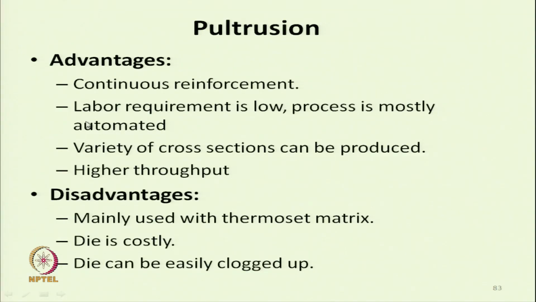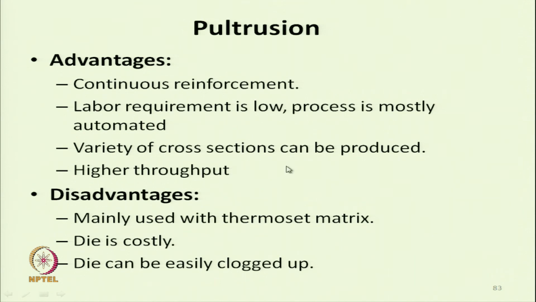So, the main advantages are the continuous reinforcement, the labor requirement is low because the moving parts are less, the process is mostly automated, a variety of cross sections can be produced depending on the shape of the die, and the throughput and productivity are high.